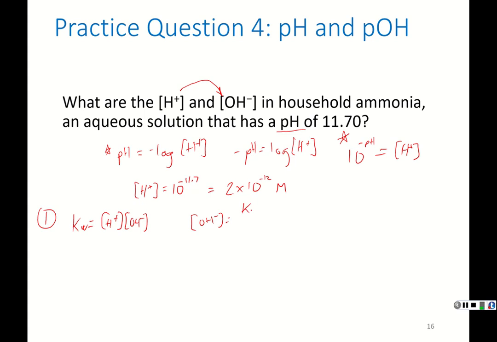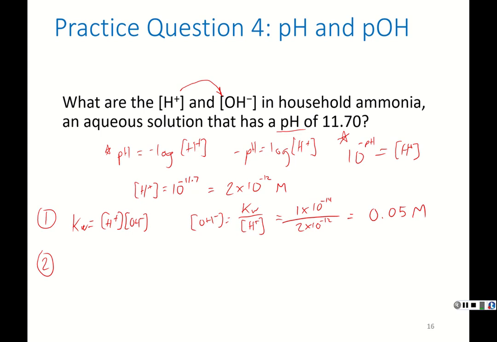So it's Kw divided by H plus. So that's 1 times 10 to the negative 14th, divided by 2 times 10 to the minus 12. So that would be 0.05 molar. Okay, so that was the first way, pretty simple.